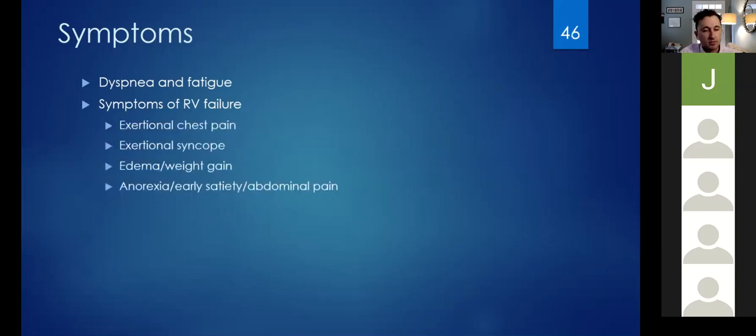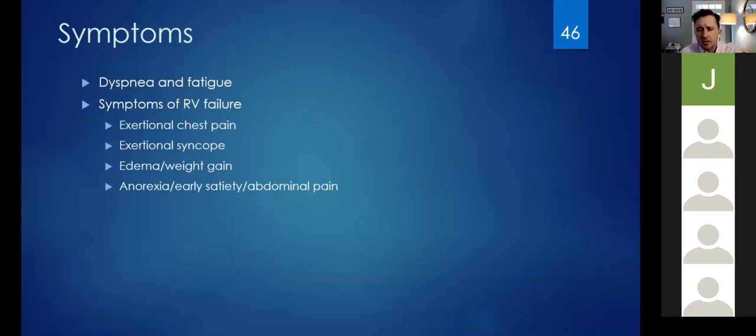There can be several symptoms here. Exertional chest pain is pretty common. This can be like classic angina type chest pain. As the pulmonary artery enlarges, it can start to compress the left main coronary artery and cause ischemia that way. But a lot of times this exertional chest pain is due to increased right ventricular wall stress and increased myocardial oxygen demand, because it's simply overworked.